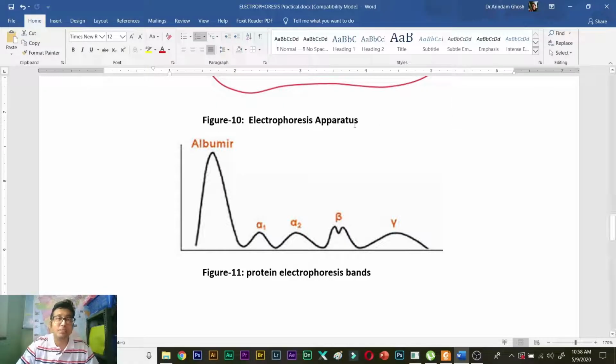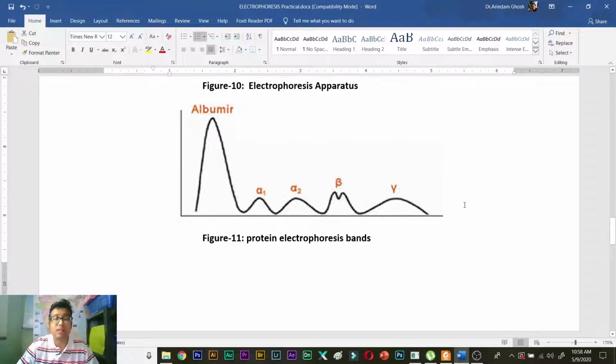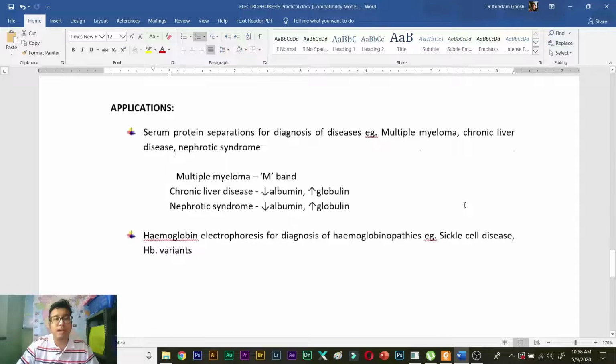In a normal individual, the albumin will be the highest and these will be the lowest. However, for you guys, you need to know a disease, that is multiple myeloma, in which gamma globulin will be high. So remember, write this down.